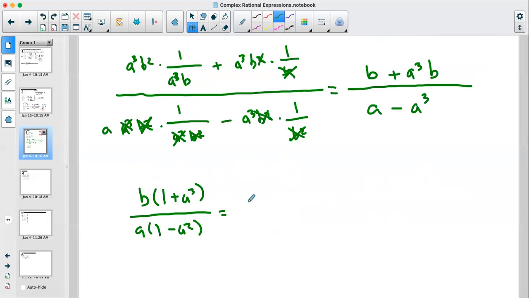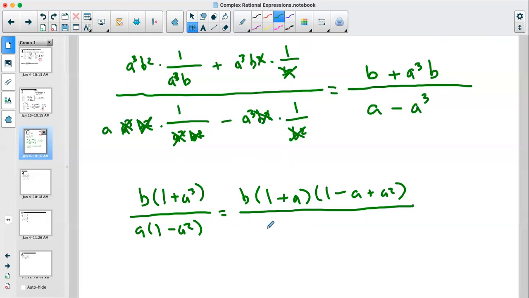This is a sum of cubes, which we learned first semester or some point, maybe it was this semester, that can be factored. SOAP, right? This one plus that one times the first one squared, opposite, and then plus the second one squared. And the bottom is a difference of squares. So it's 1 minus a times 1 plus a. Now these 1 plus a's can cancel out.